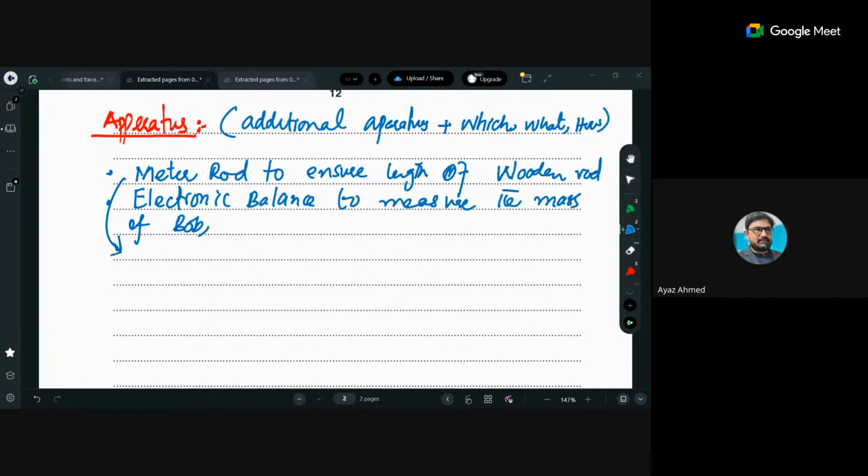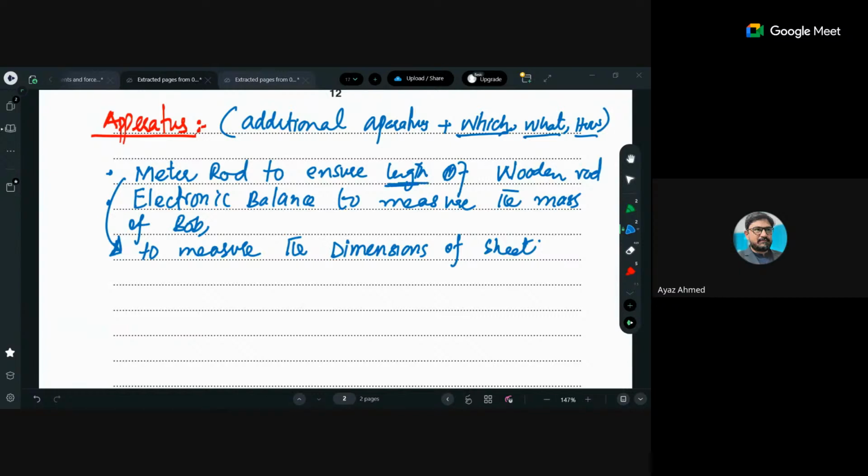Meter rule has one more use, to measure the dimensions of sheets. Are you getting my point? So same is, I have followed all this, which, what, and how. I have used meter rod to measure what?